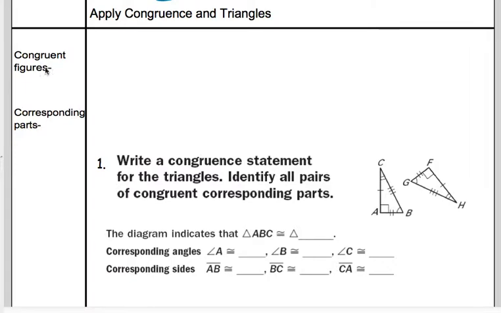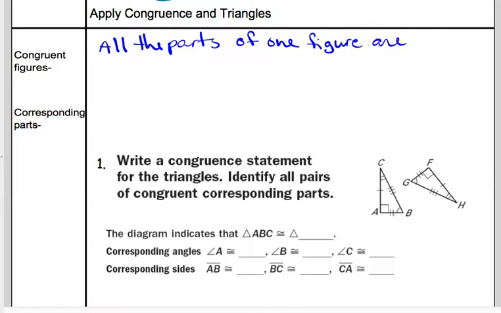So let's just talk about congruent figures and corresponding parts just to get into congruence and what that means. Congruent figures are when all the parts of one figure are congruent to the corresponding parts of the other figure.